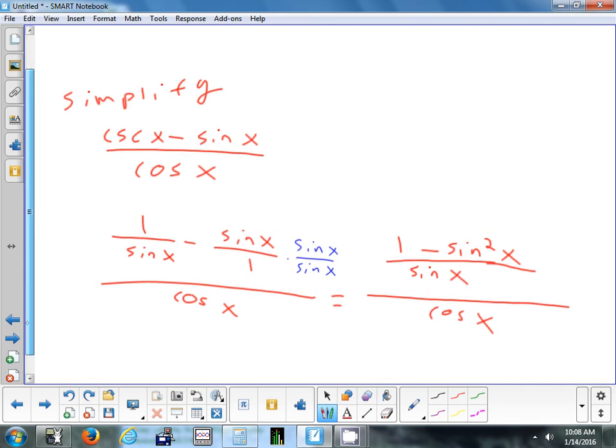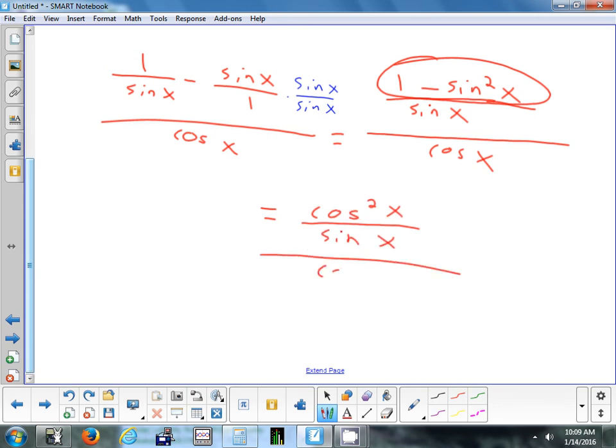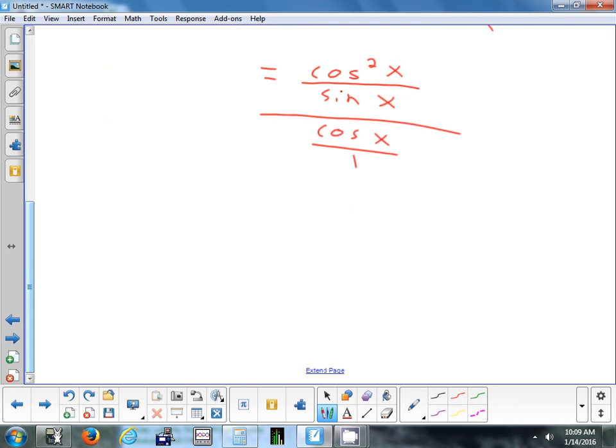All right. So now there's something here we should recognize, similar to a previous problem. 1 minus sine squared is cosine squared. So now we have cosine squared divided by sine, and all of that divided by cosine over 1. So, like we've done before, instead of dividing a fraction by a fraction, let's keep the top the same and multiply by the reciprocal of what's in the bottom.